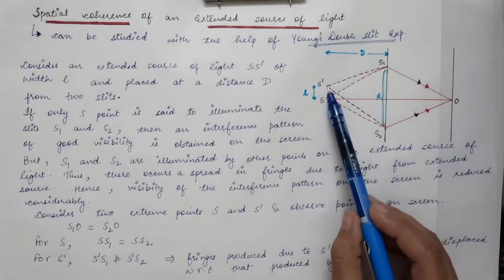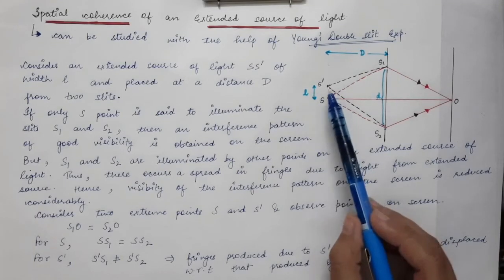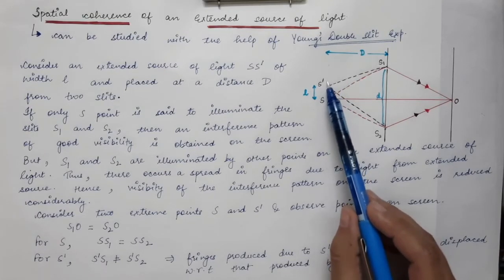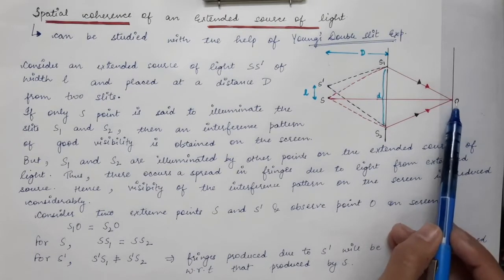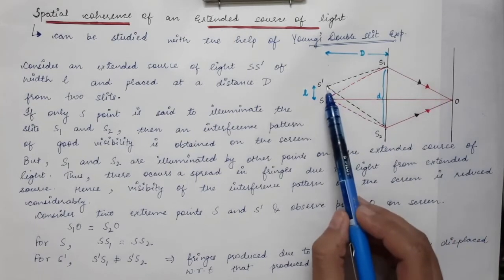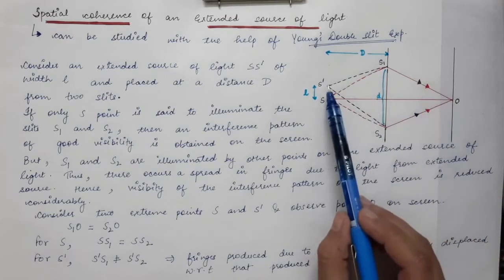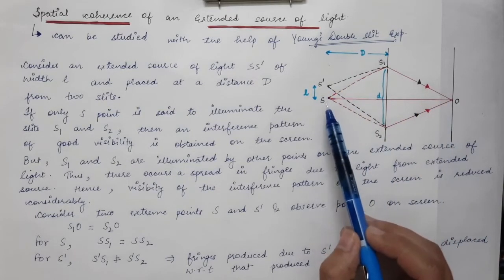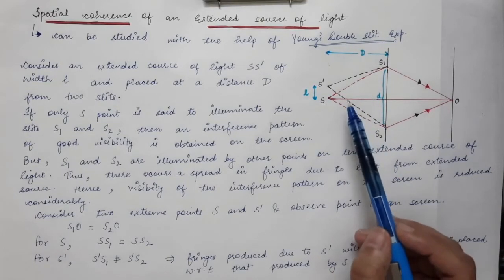So we increase the distance between S and S prime in such a manner that this distance L is such that the light rays from S prime point reaching the O point have a path difference of lambda by 2, and in that case at O point we will have a dark fringe due to the point source S prime. So the interference patterns of S prime and S in that case will be complementary to each other.